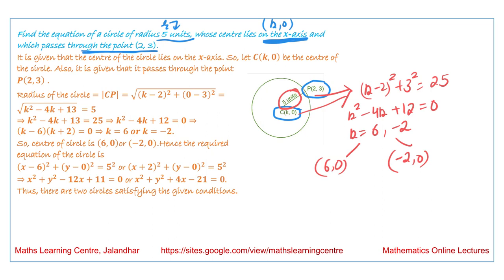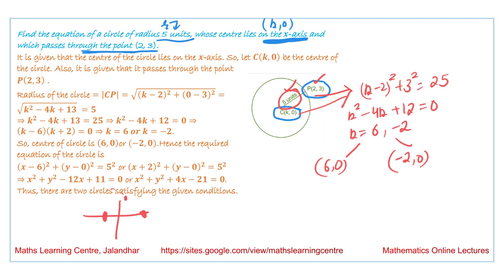So why are we getting these two points? We are saying this is the point (2, 3). The circle may be on this side, or the circle may be on the other side also with the same length. We are talking about this coordinate plane we have. This is the point (minus 2, 0), this is the point (6, 0) and this is the point (2, 3).